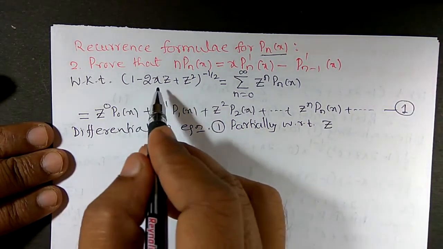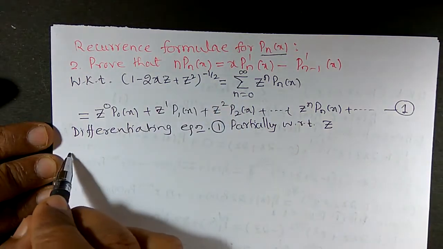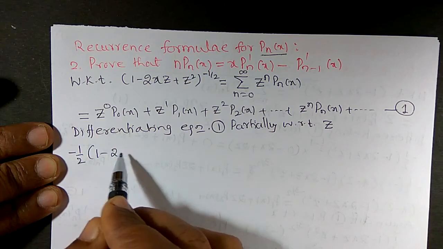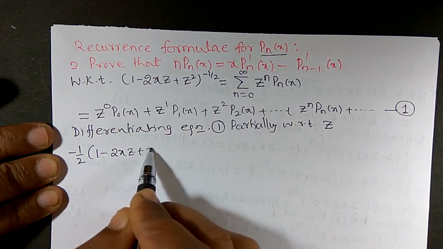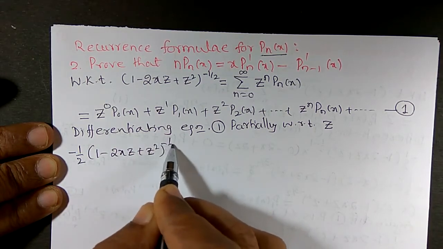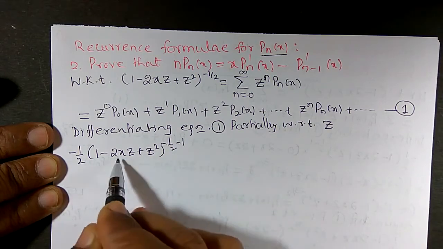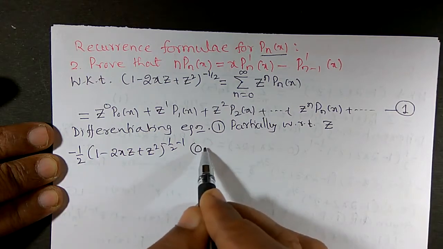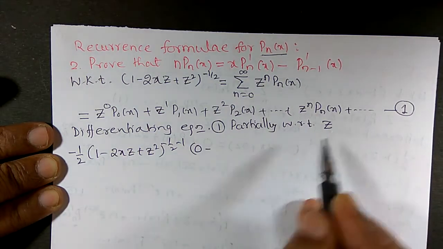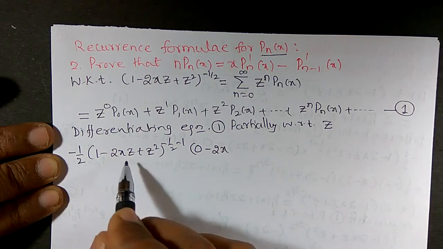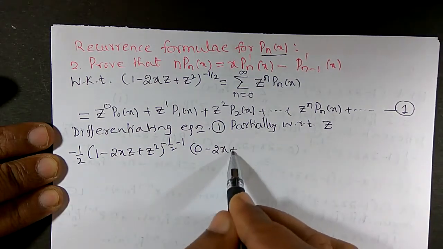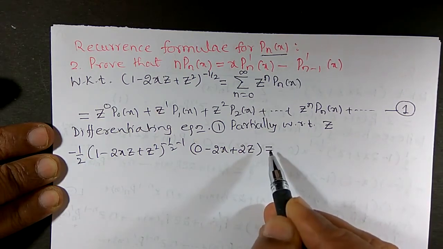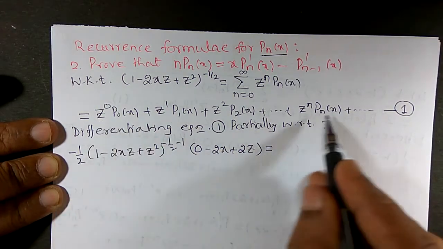The left side is of the type x raised to n, and the derivative of x raised to n is n into x raised to n minus 1, so we get minus 1 upon 2 minus 1 as the power. But it is not just x, that's why I want to differentiate all these inner terms. Derivative of 1 is 0. 2xz with respect to z is 2x, as x is constant. z with respect to z is 1, plus z squared gives 2z. Now I want to differentiate the right hand side.